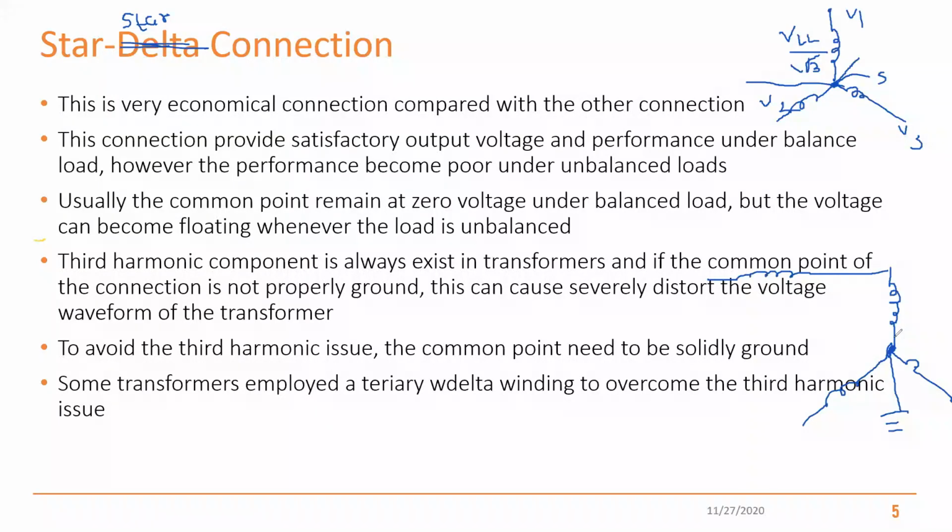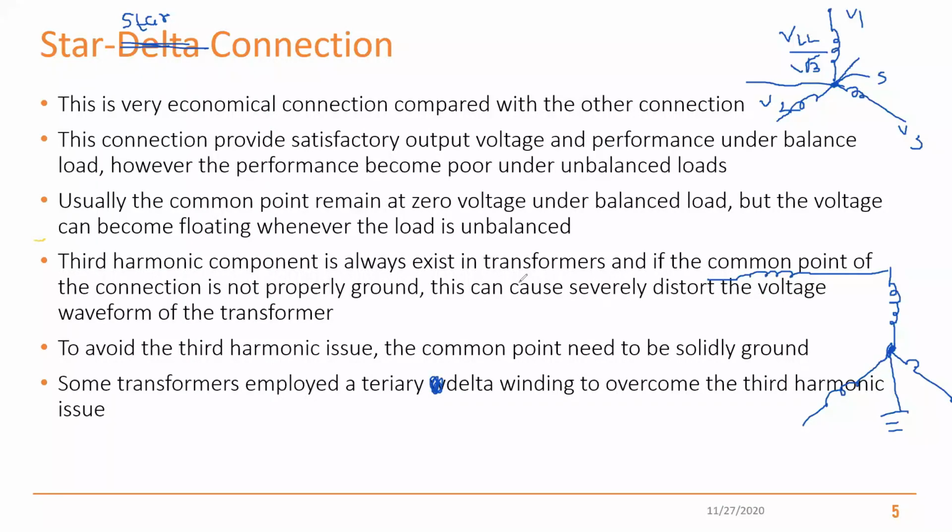This can be avoided by solidly grounding the neutral point or the common point, or in some transformers they employ a tertiary delta winding. Rather than having a secondary, we have a third winding, which is called a tertiary, connected as a delta.